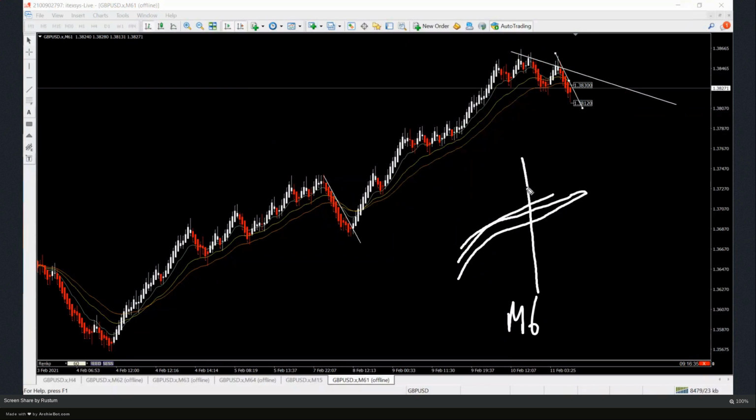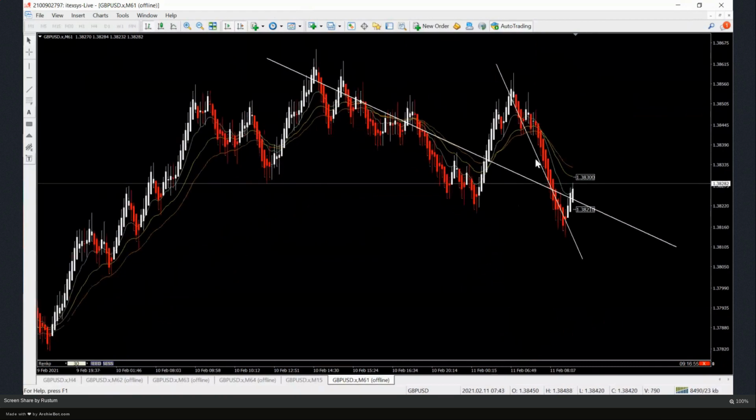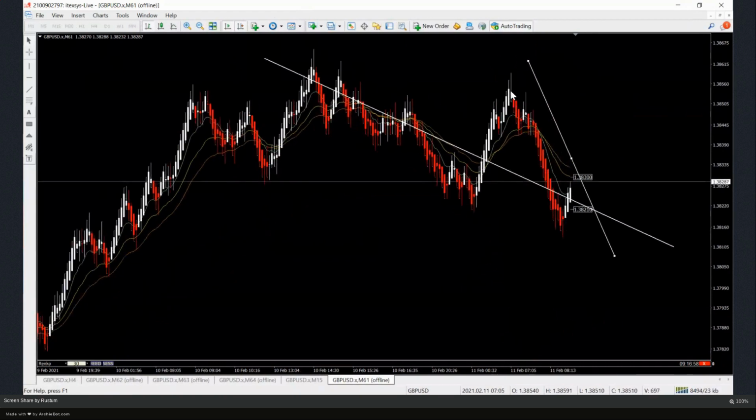So instead of looking for structure on M6, you can look for structure on M3, like this. So now you look at structure, and this is your zigzag formation now completed.